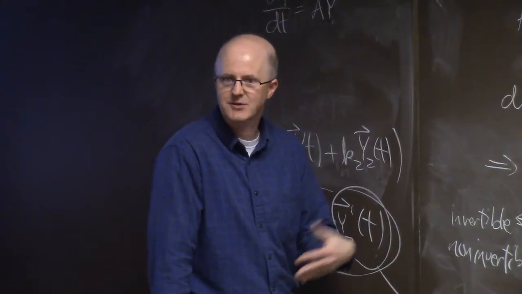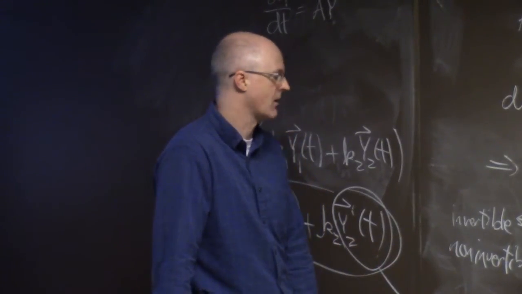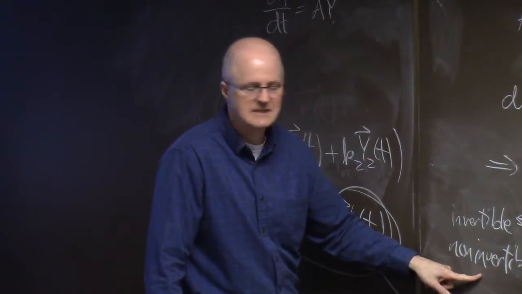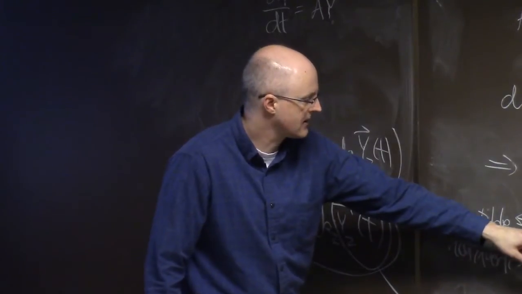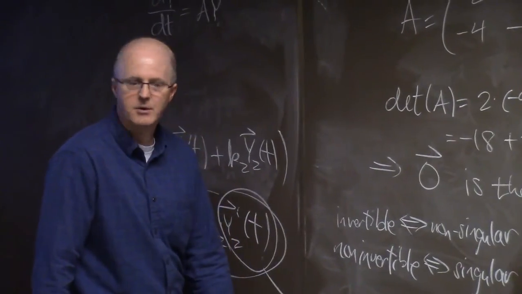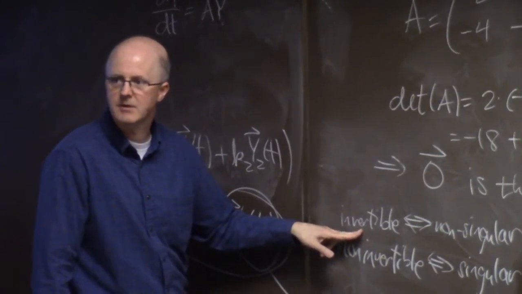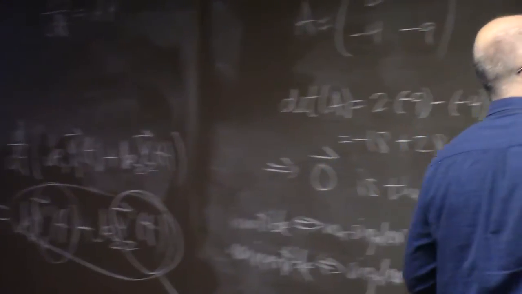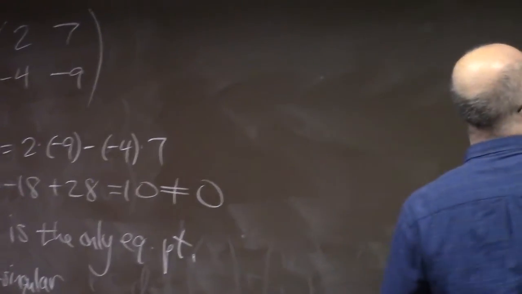You have to think about it to try to make a matrix whose determinant is 0. So singular matrices are rare. Non-invertible matrices are rare in a sense. Non-singular are not rare. They are the typical case. It's typical that a 2x2 matrix would be invertible. Anyway, that's background. Let's get on to the eigenvalues and eigenvectors.